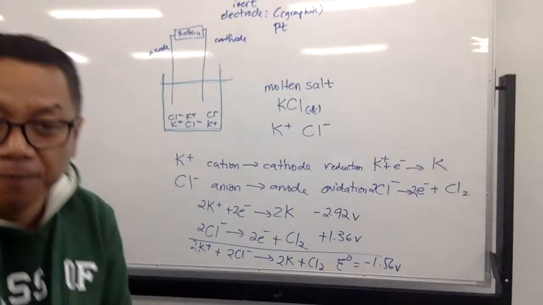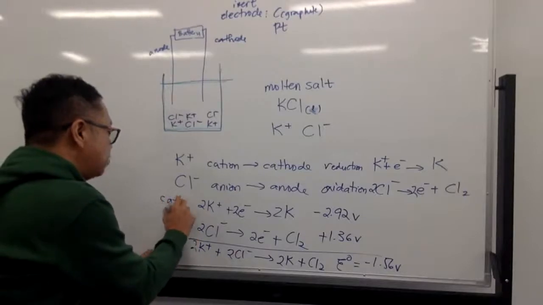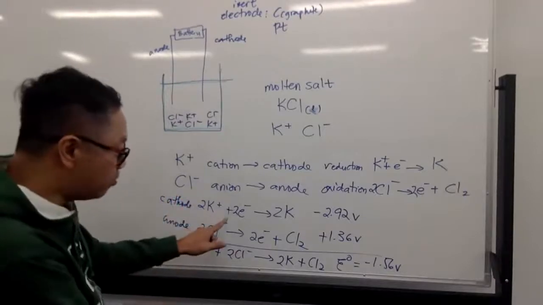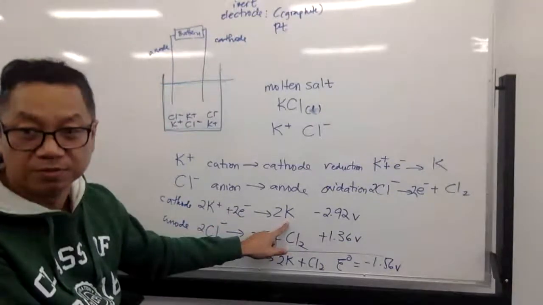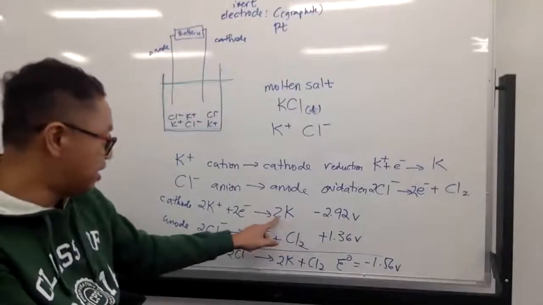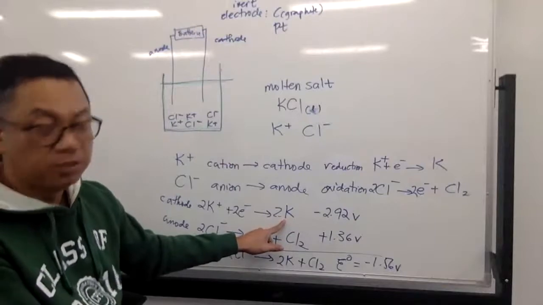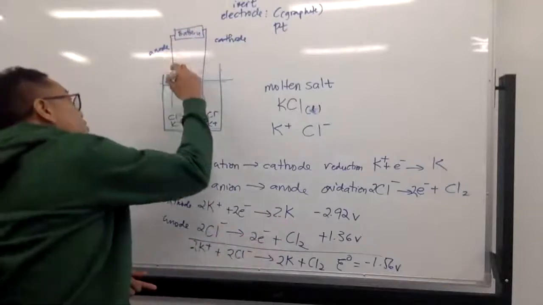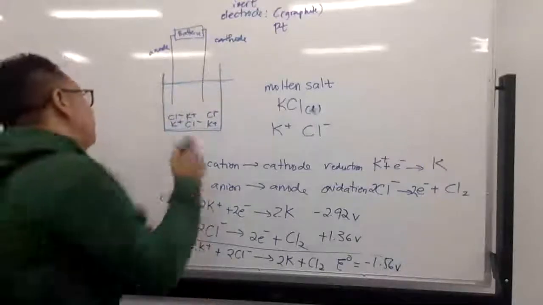So, what happens to the anode? Remember, this is your cathode reaction. In the cathode, you produce potassium. You would see potassium being deposited here.